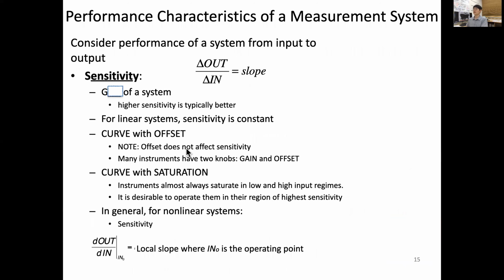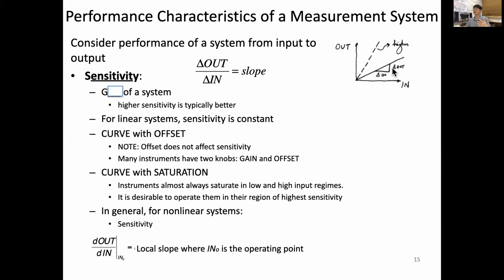Okay, so now I want to discuss performance characteristics of a measurement system. Let's consider the performance of a system from the point of input to the output. So this is the input and this is the output. Then the curve gives the change of input versus the change of output.